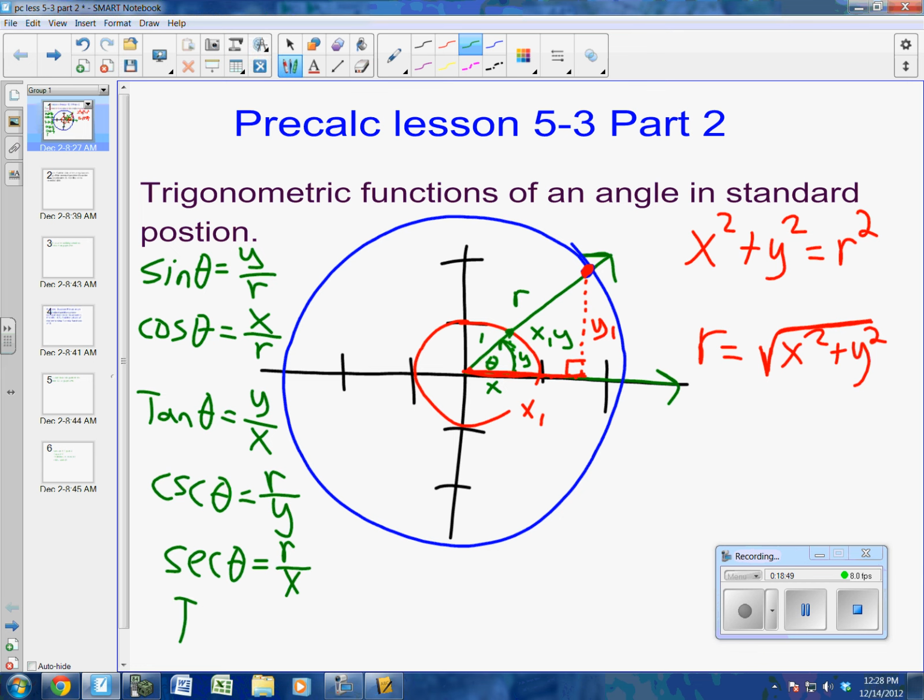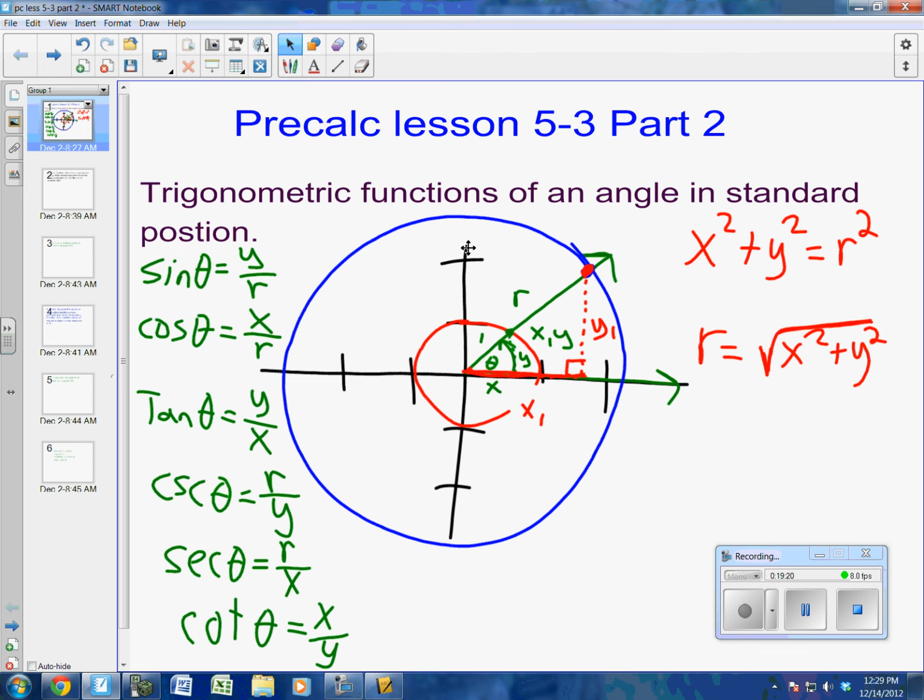And what about cotangent? x over y. Same as on a unit circle, right? So really that different? They're really not that different. The only difference is on a unit circle, the radius is 1. So it's the same thing. It's just that now we're going to have a different size radius.